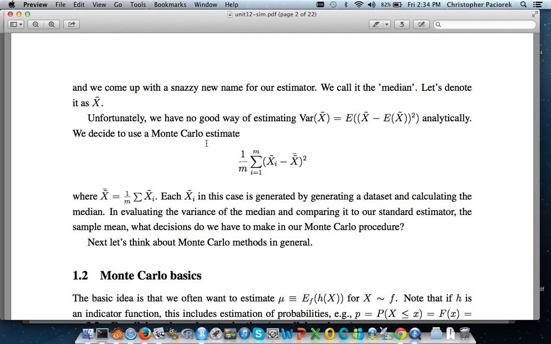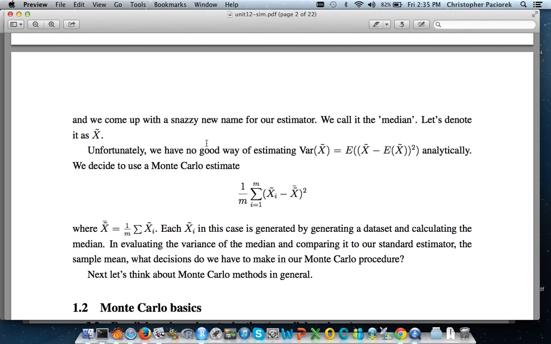I could say, what's the average squared distance between the ith median and the average over all of the medians? And this would give me a Monte Carlo estimate of what the variance of x tilde is. It's not going to be exactly what the variance is, because I've only got a finite sample m of the different data sets. But it should be a pretty close approximation if m is sufficiently large.